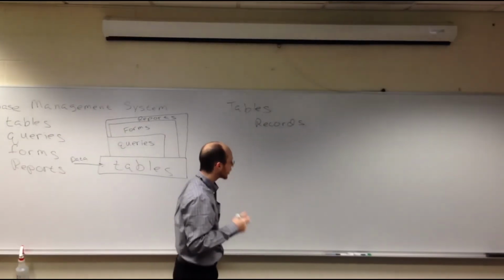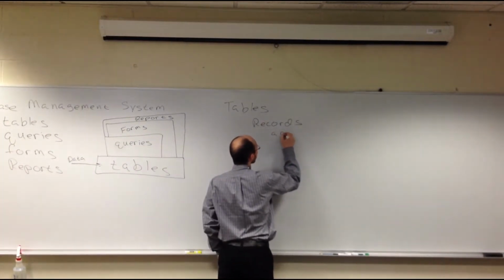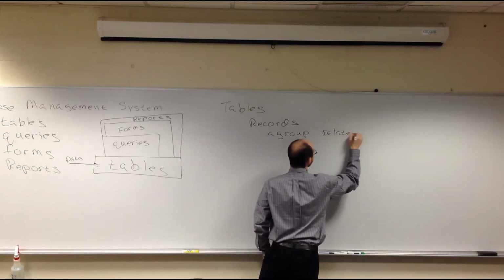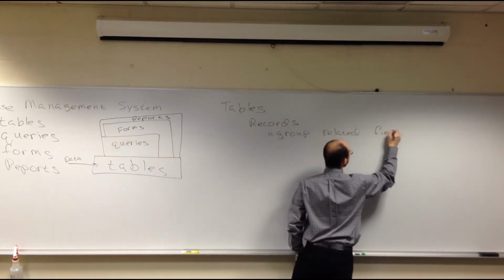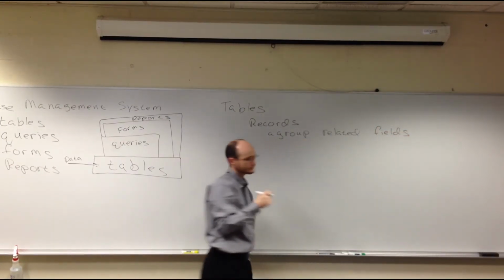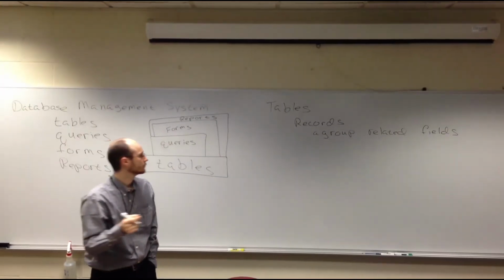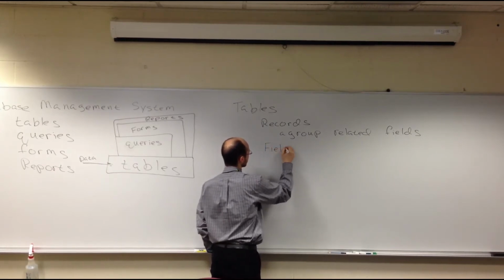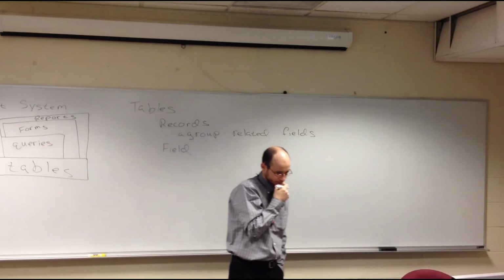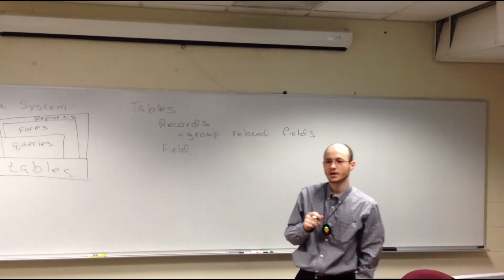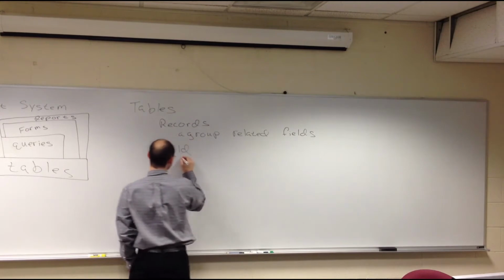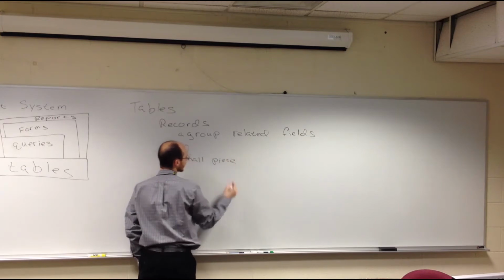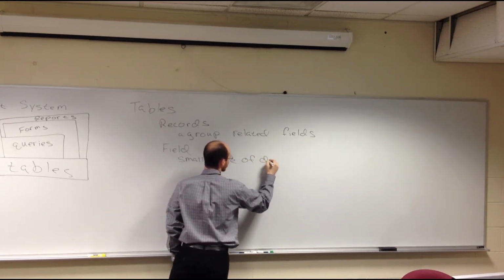What is a record? A record is a group of related fields. So what's a field? A field is the smallest piece of data stored in a table.